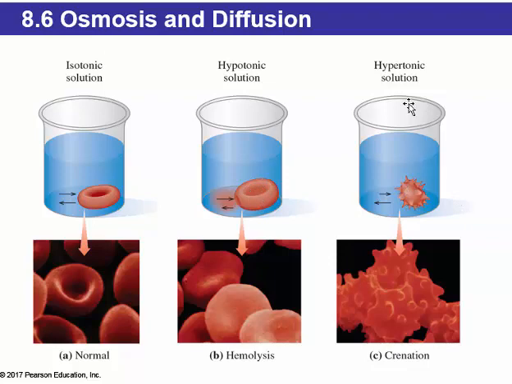In a hypertonic solution, the concentration of solutes is higher in the solution than the cell, and water is going to leave the cell through osmosis and a process known as crenation. But in an isotonic solution, water is flowing in and out at the same rate. There's no osmotic pressure because there's no difference in concentrations.